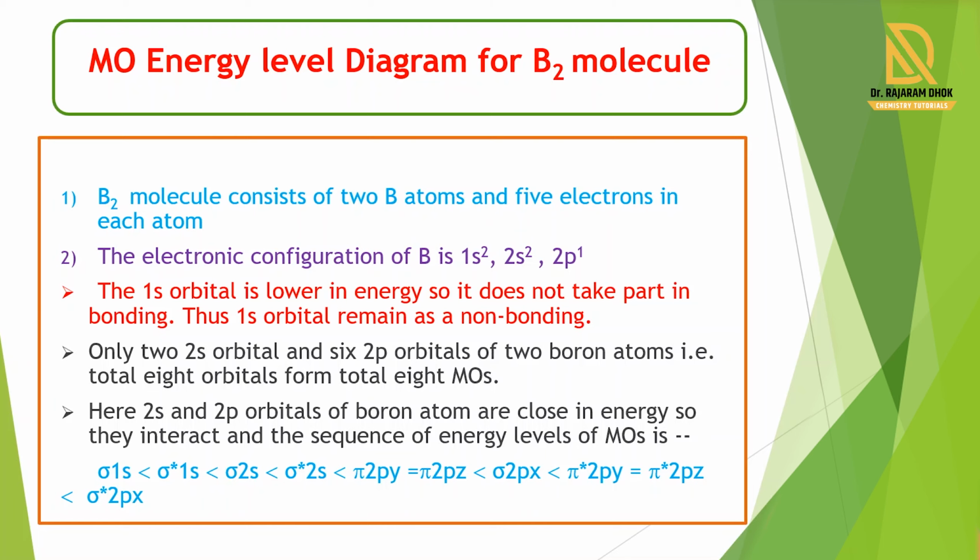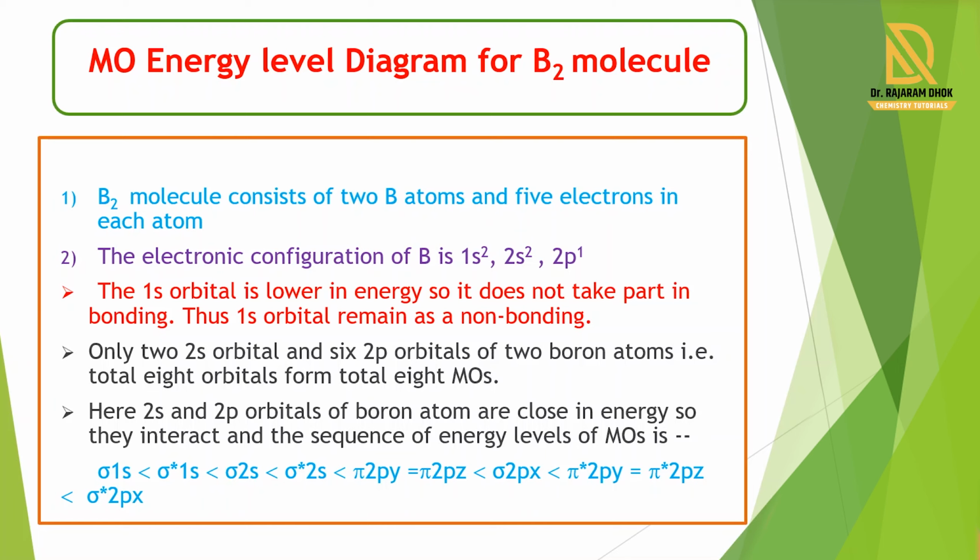In this boron molecule, the 2s and 2p orbitals of the two boron atoms are close in energy, so interaction between 2s and 2px of the two different atoms is possible. The energy levels of the molecular orbitals formed in the B2 molecule are shown in sequence.